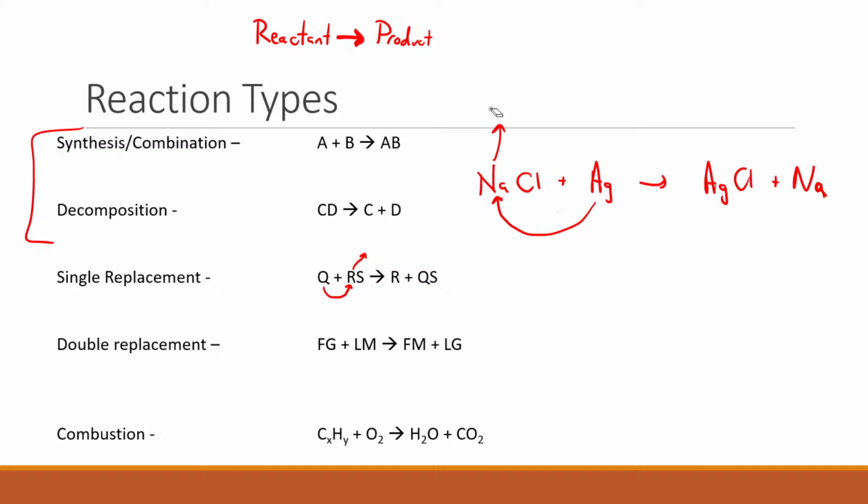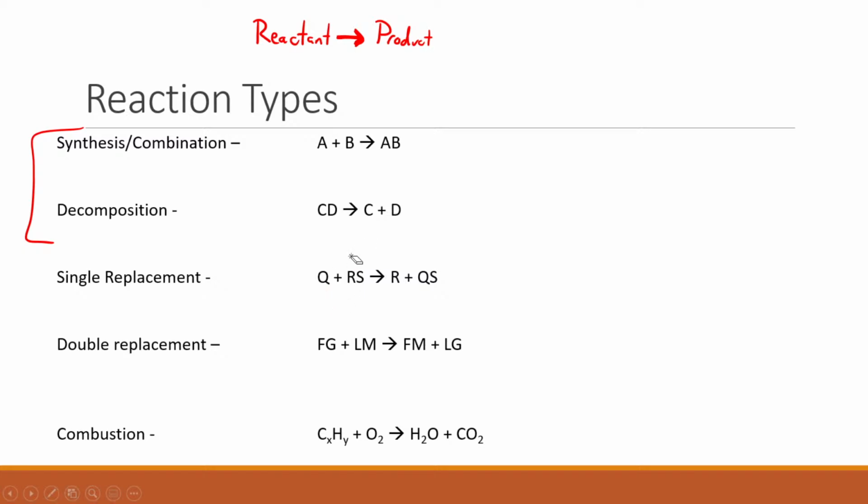A double replacement reaction is similar, right? It's the complement to a single replacement. But now instead of one element replacing the other, it's a swap. It's two elements replacing each other, or two ions replacing each other.